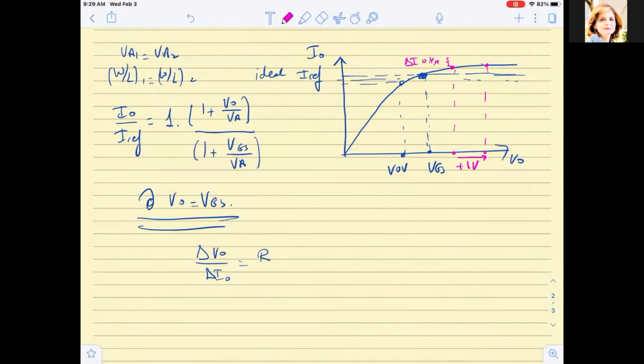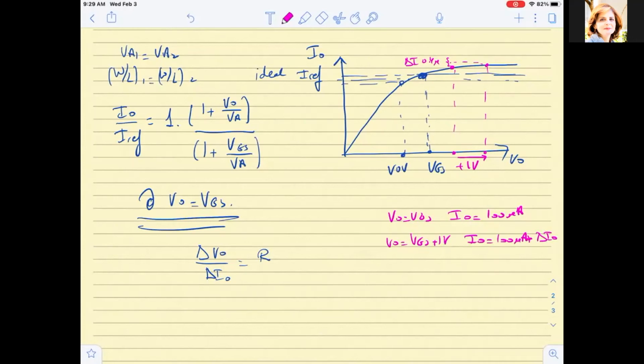Okay, so the delta for the I is 0.4 micron. Meaning if I know that at VO equal to VGS, IO equals 100 microamps, then at VO equal VGS plus 1 volt, IO becomes 100 microamps plus delta IO, right?